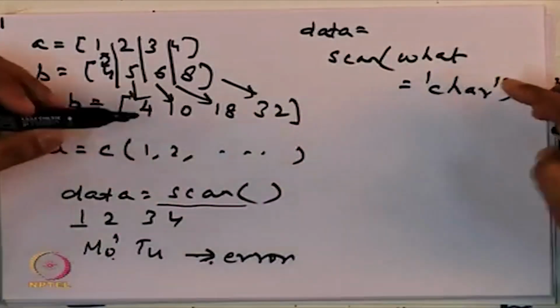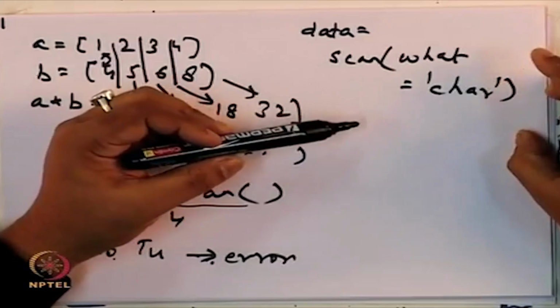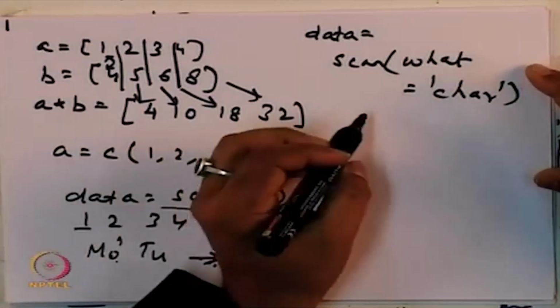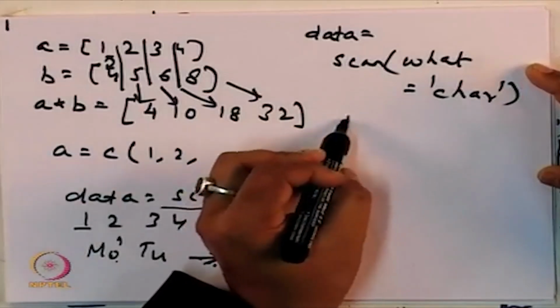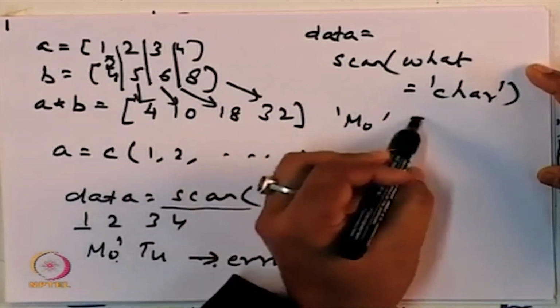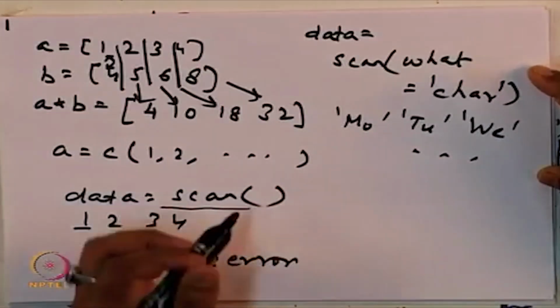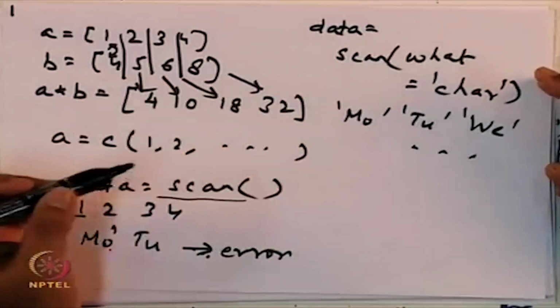Then the software knows that you are entering characters. So then if you enter month, you have to write it within quotes, Monday, Tuesday, Wednesday, so on and so forth. And then it will automatically take it.